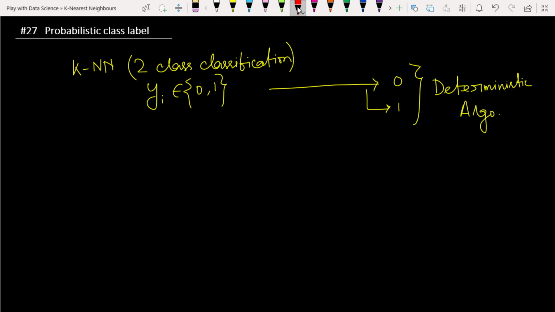Suppose I have some class labels like this. This is a set of negative points, and here we have some positive points.